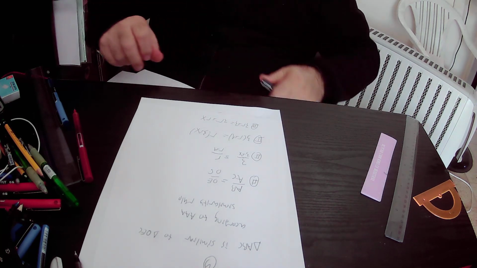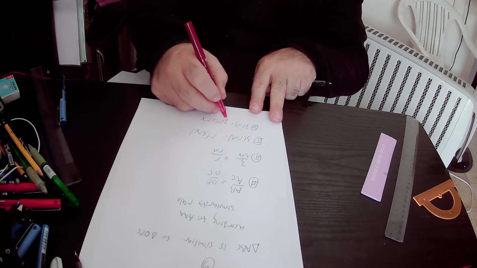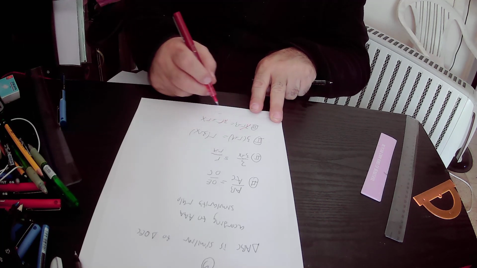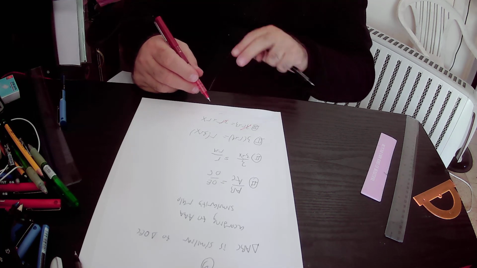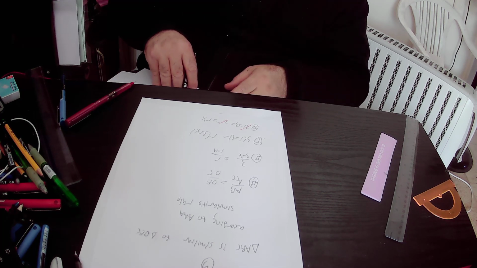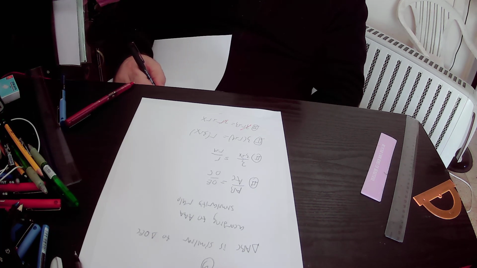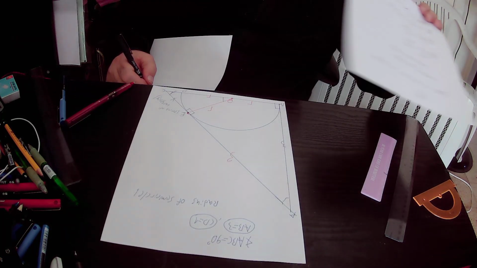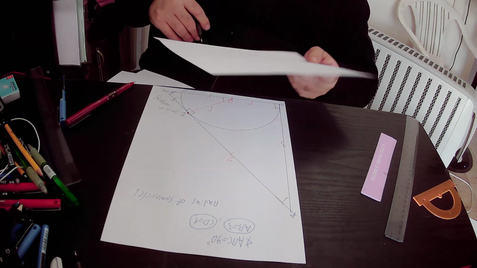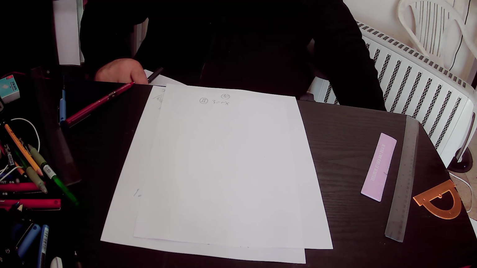So here we have 3R on both sides of the equation, so 3R will get cancelled. What is left after we cancel 3R is 3 equals Rx. That is what is left. 3 equals Rx.